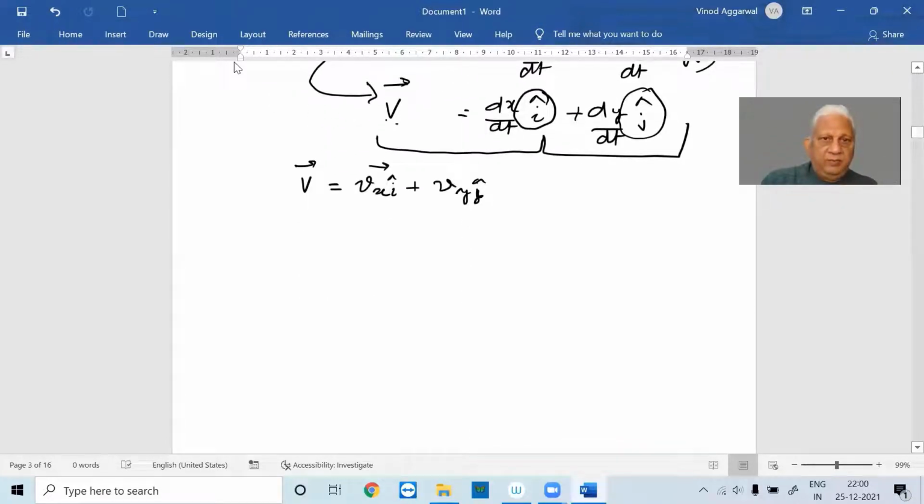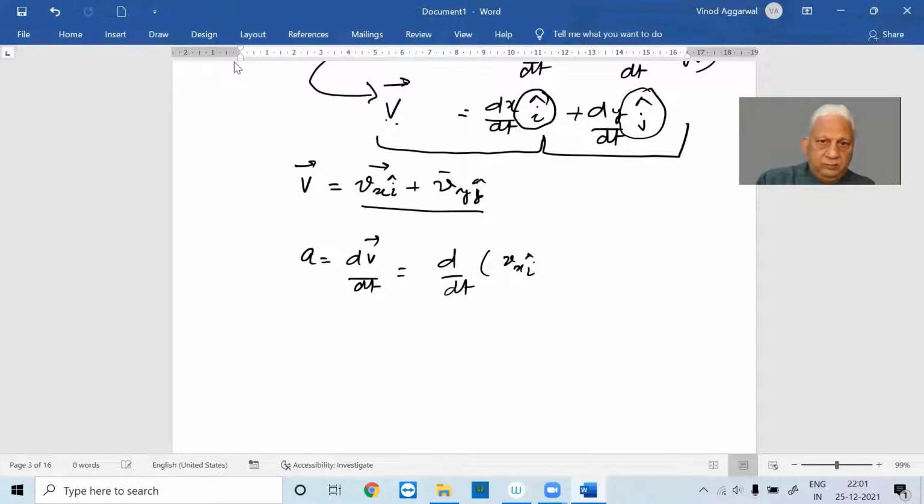Similarly, if we take acceleration, which is the rate of change of velocity with time, and we differentiate this equation with respect to time, what we get is that the differentiation of velocity vx in the x direction with respect to time is nothing but ax.